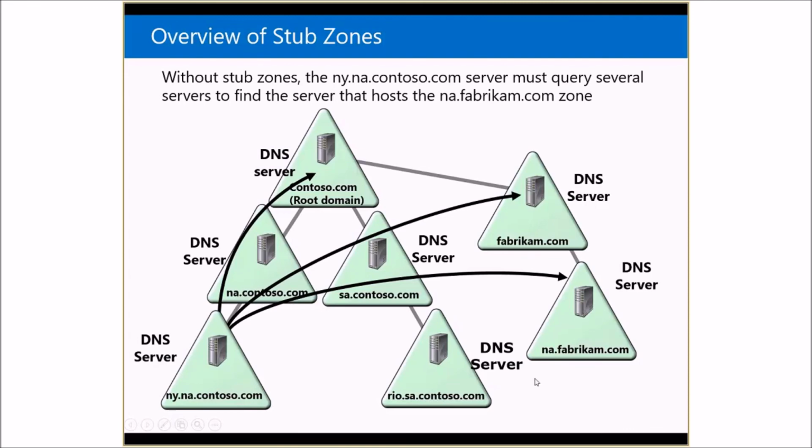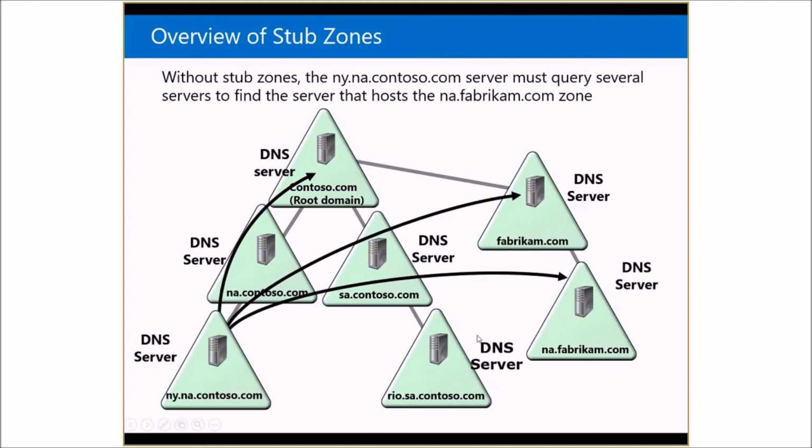We can let the DNS work normally and forward it to the main DNS server up here, then use the root hints and so forth, and go through all the DNS servers until we get to the DNS server for na.fabricant.com. If we have 100 requests a day, that's a lot of excessive traffic, isn't it?